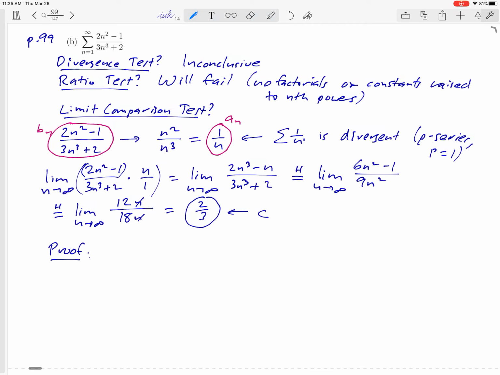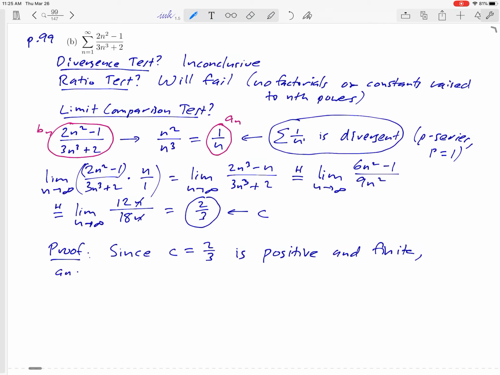So we are ready to write our proof. It's going to sound the way that limit comparison proofs always sound. We'll start by noting that we calculated a value of C, and it was positive and finite. The other thing that was important is that the series we compared to was divergent.